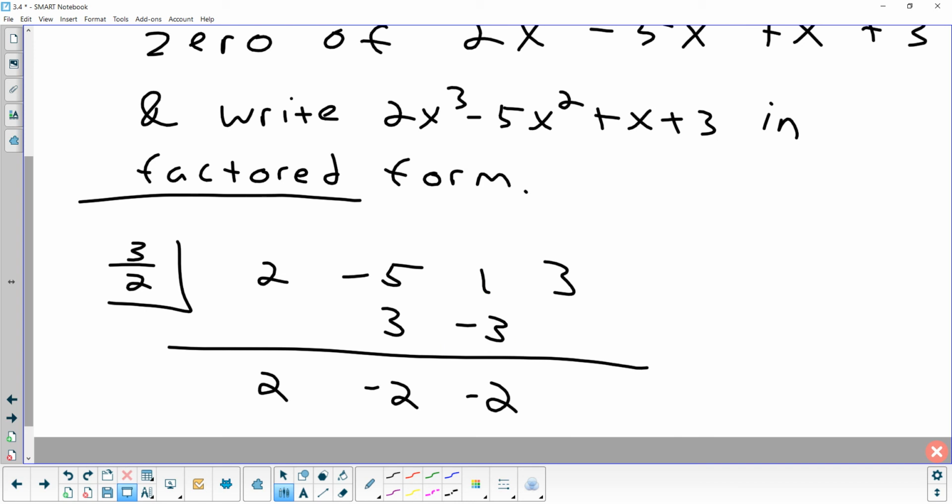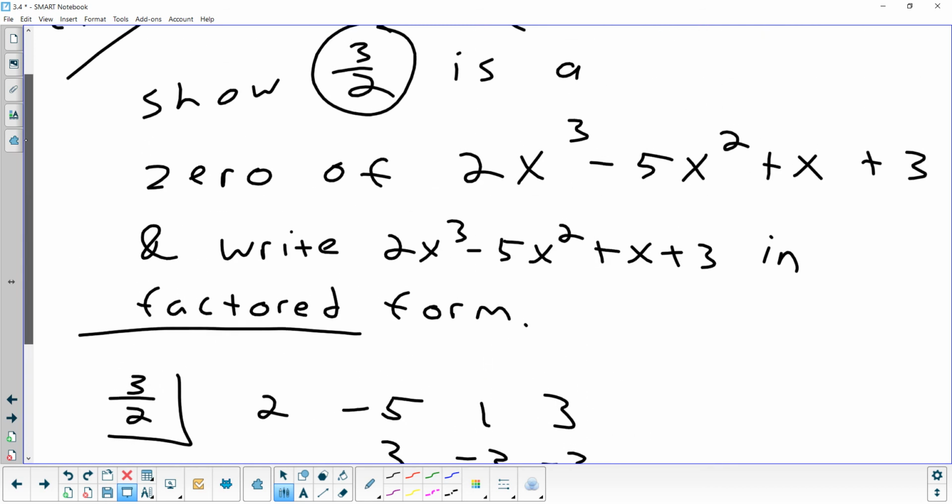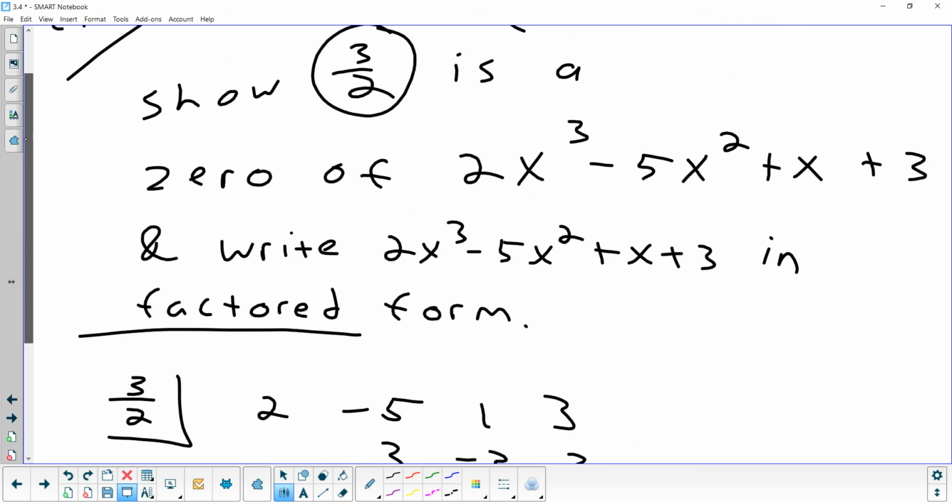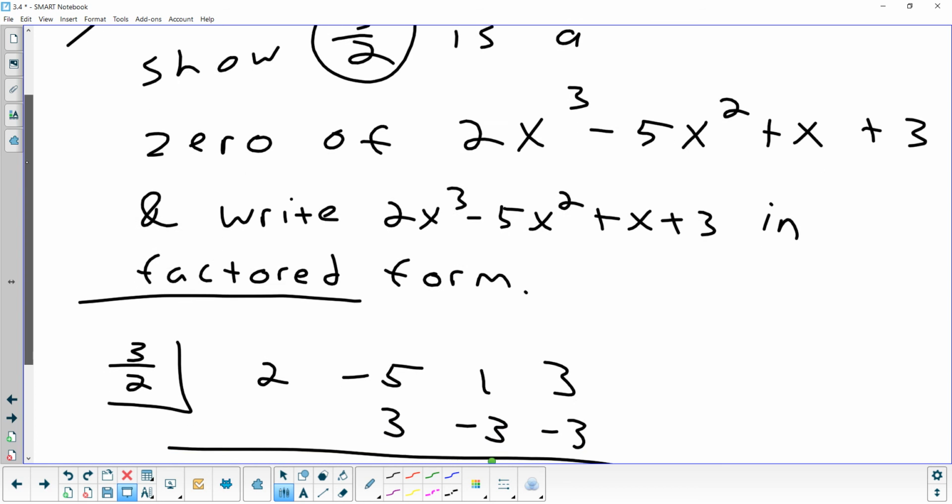And what's, we just did it, 3 halves times -2 gives me -3. Add them up. A result we already were kind of hoping to get. The remainder is 0. So we've just shown that 3 halves is a 0 of that polynomial.